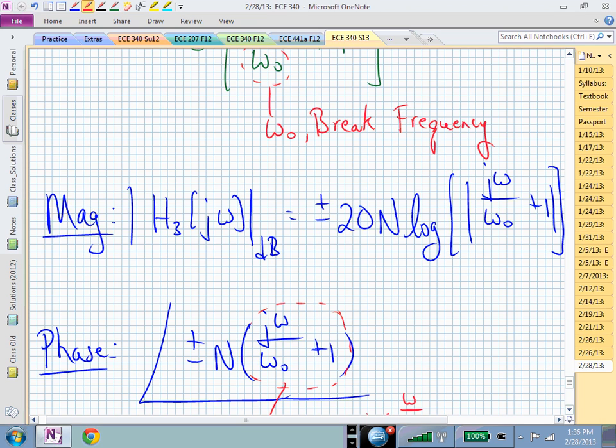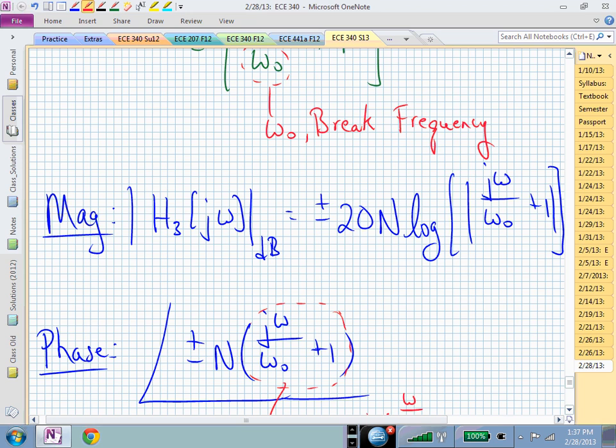Well, let's just quickly do it, and then we'll go through it a little bit more carefully. What if I looked at the sweet spot here for the magnitude? What do I have? Omega is now equal to omega naught, and I have the real part is 1, the imaginary part is omega naught over omega naught, it's 1. So I have equal real and imaginary parts. I have 1 plus J1.